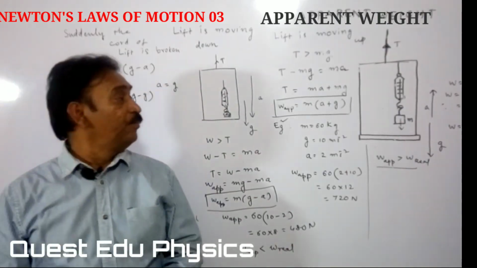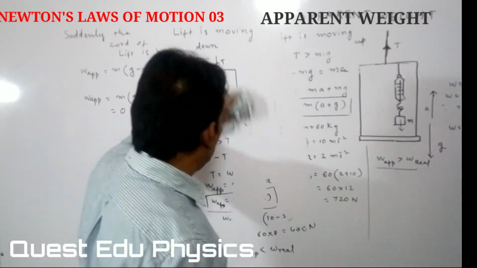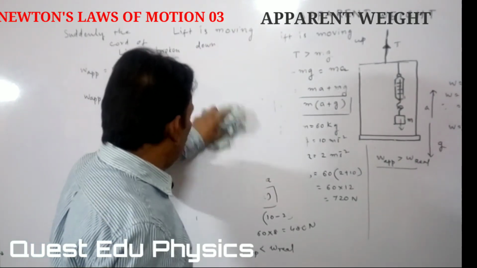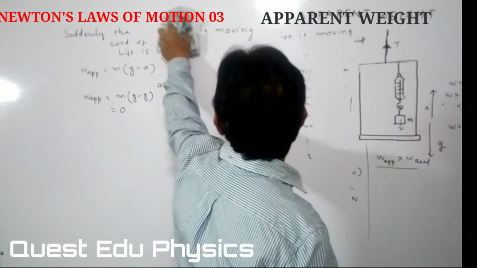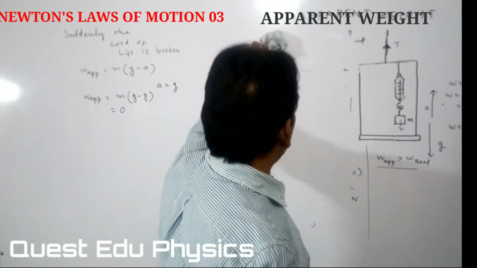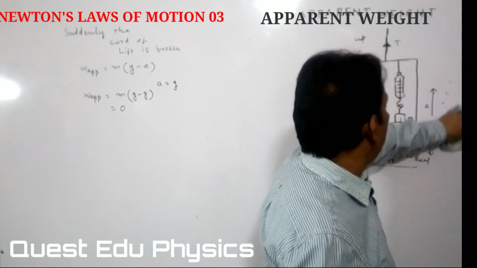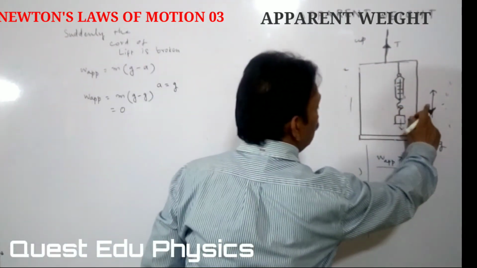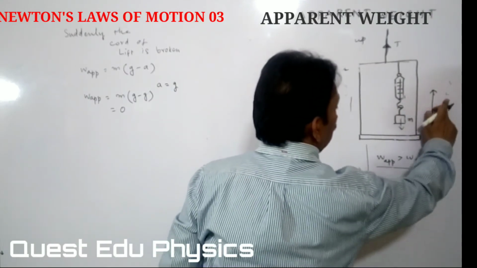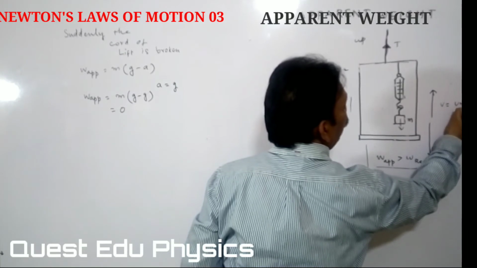And one more case arises here. What could be the apparent weight? I think you understood all these things, students. In the fourth case, what he is asking us, the same lift. Listen, we are taking the same lift, and instead of acceleration, this lift is moving up with uniform velocity.